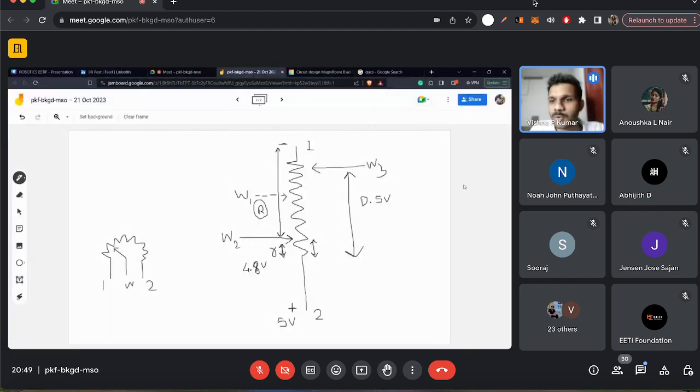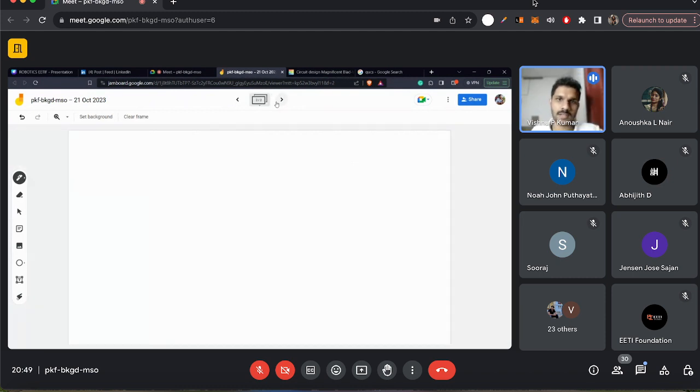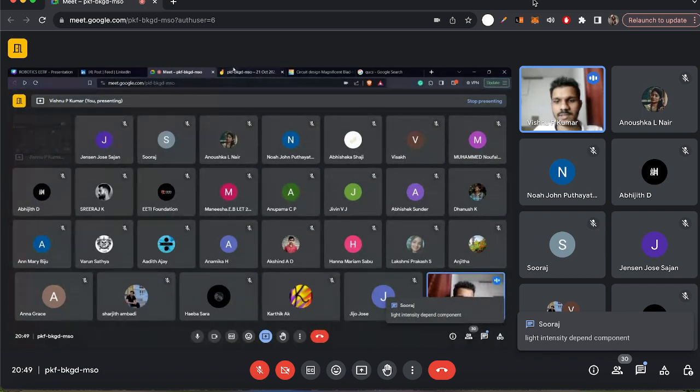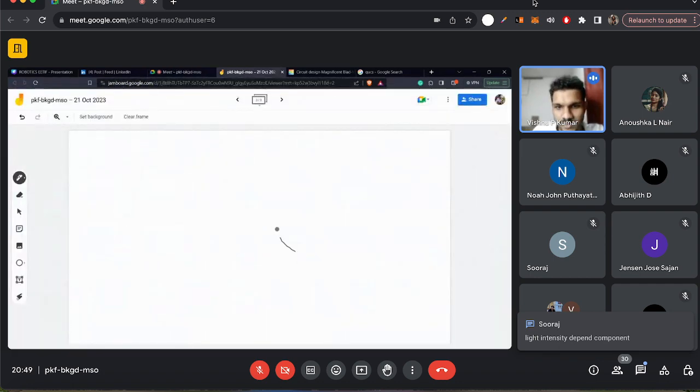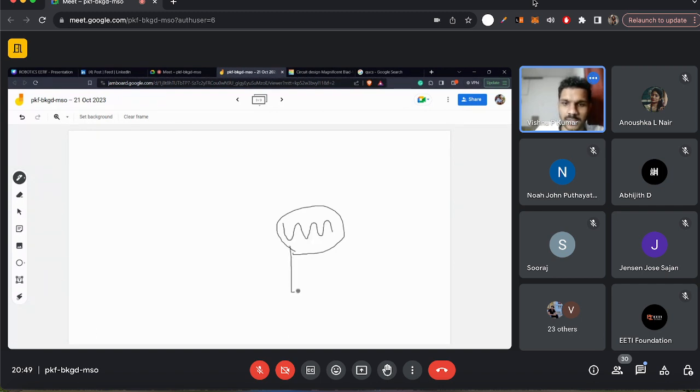Yeah. So LDR is a light dependent resistor. Yeah, exactly. Okay. So suppose this is an LDR having two pins, and you are allowing some light to fall on this LDR.